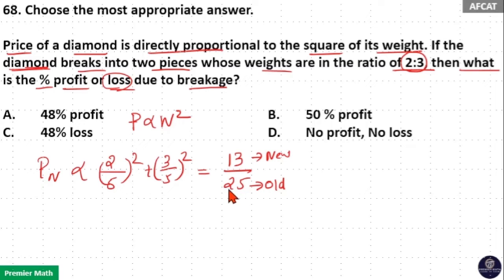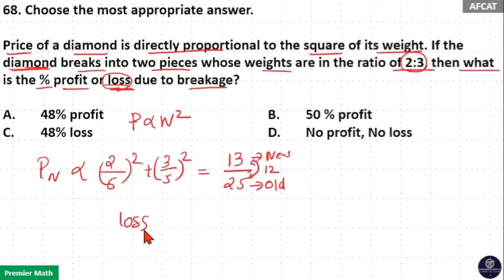Now you can see this can be considered as cost price and this can be considered as sell price. Which means sell price minus cost price is 13 minus 25, which is minus 12 parts. So there is a minus, that's why there is a loss.